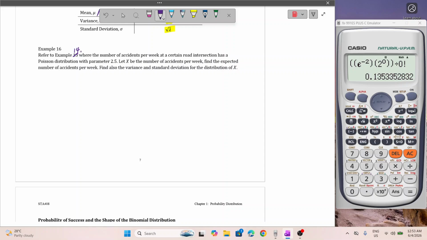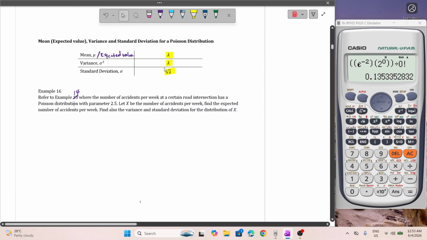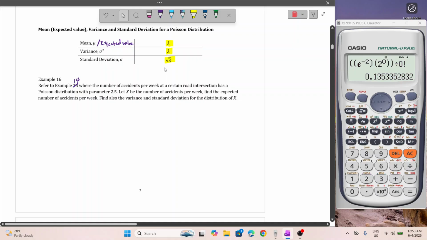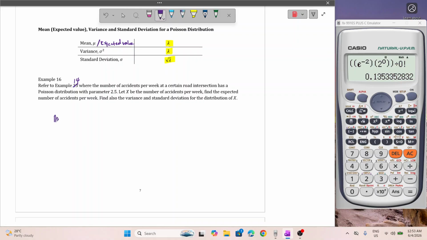So you can use what has just been given to us. The mean is equal to lambda. The mean, or the expected number of accidents, is equal to lambda, which is equal to 2.5.